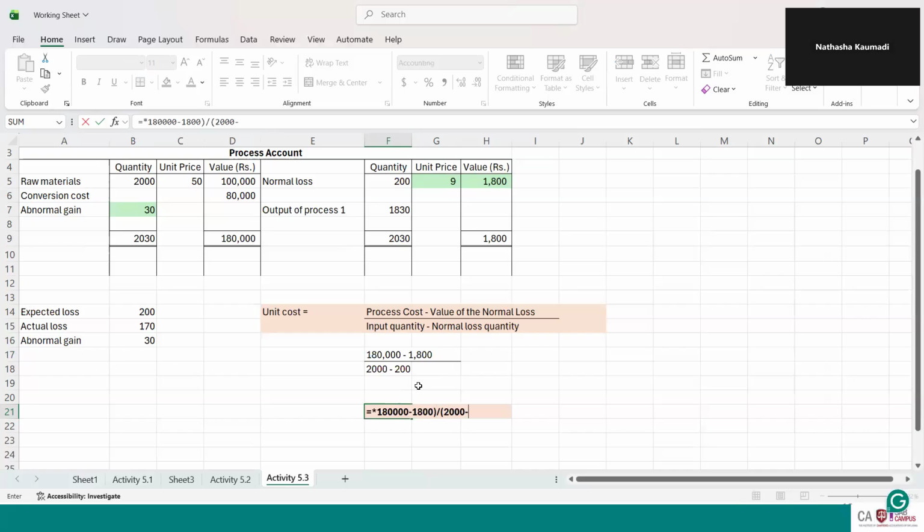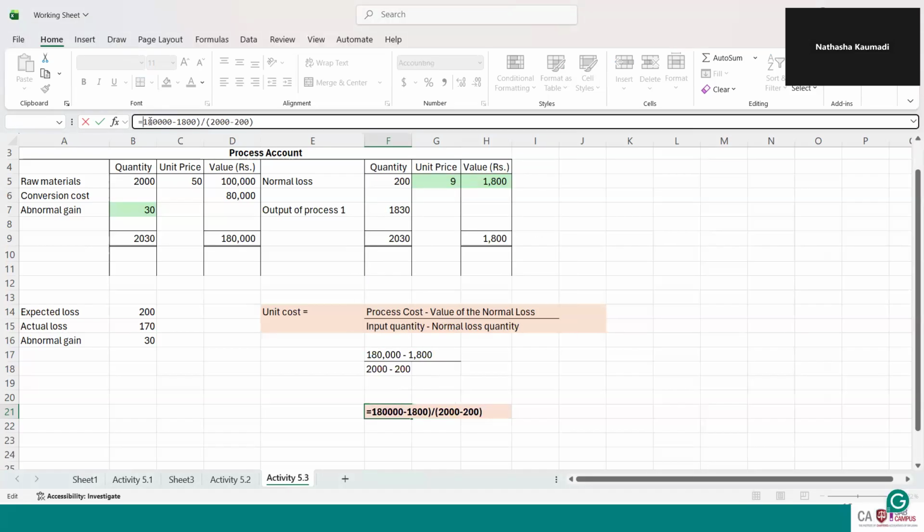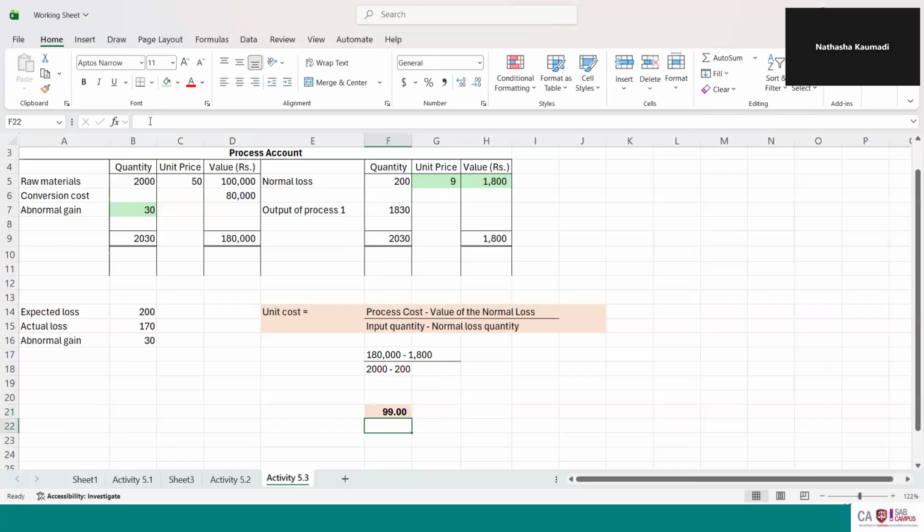2000 minus 200. Right. It's 99 rupees. We'll take 99 here, and we'll take 99 here.